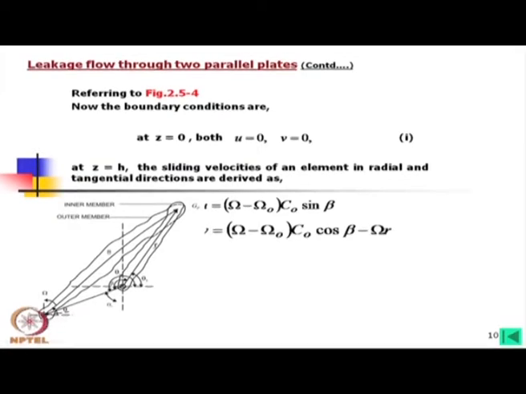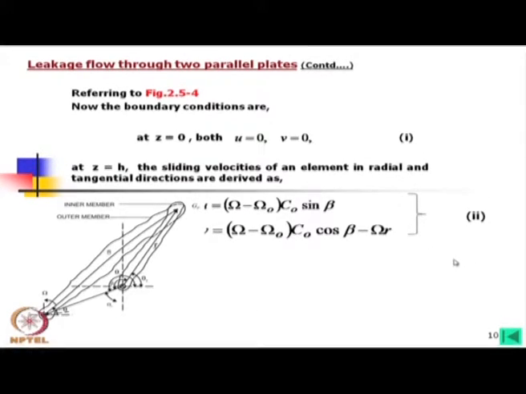And what is c 0? c 0 is the distance between these two centers. So, if you are asked to find the pressure distribution of these two plates, these equations will be given, because you are not deriving them. So, this is boundary condition 2: at z is equal to h, u is equal to this and v is equal to this.